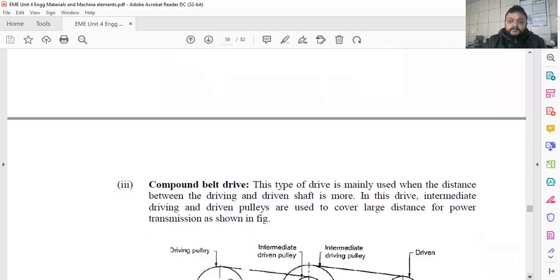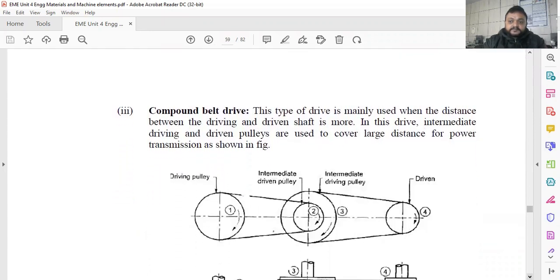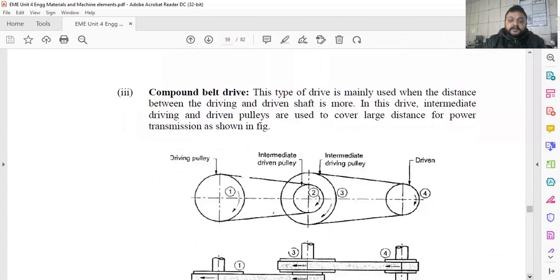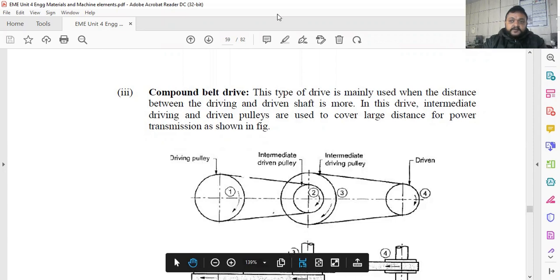And compound belt drive is also there, in which distance between driving shaft and driven shaft is more. Normally what happens, we have to use the belt drive limited to 8 meters. Ideally it is 8 meters, but if length is more and we have to compulsorily go for the belt drive, then you have to add the intermediate pulley like this.